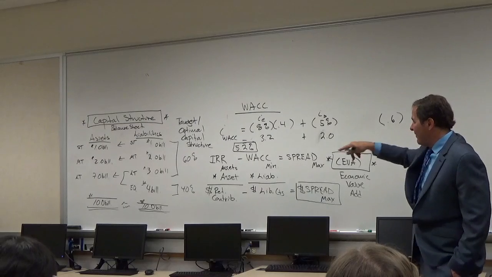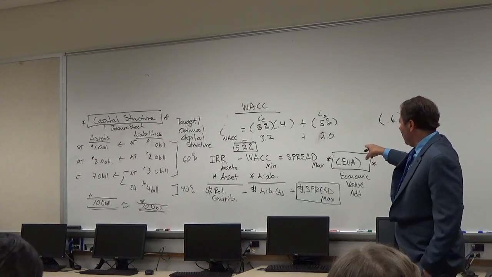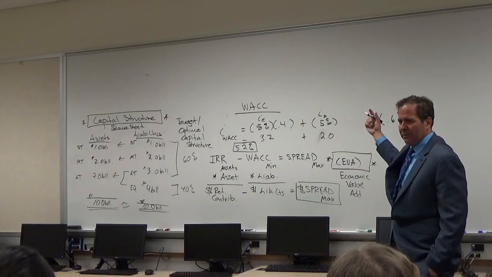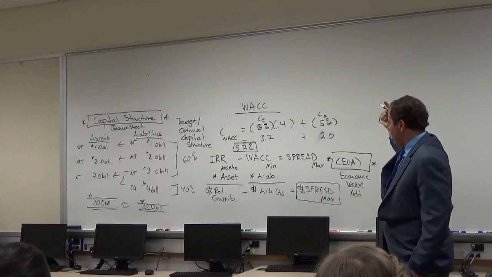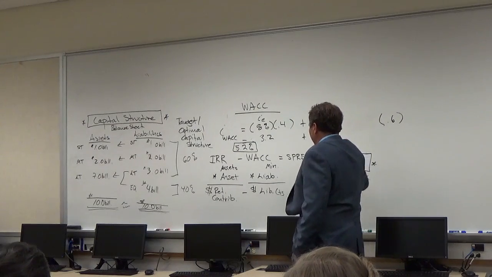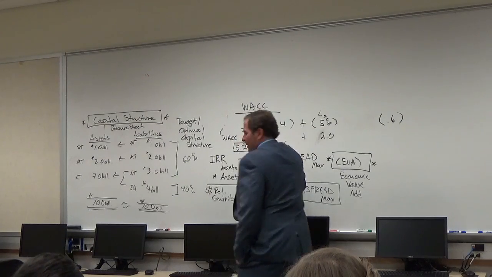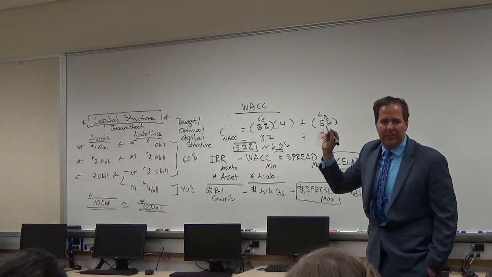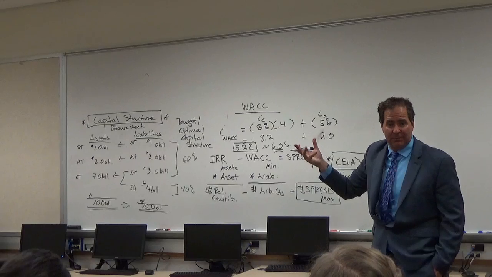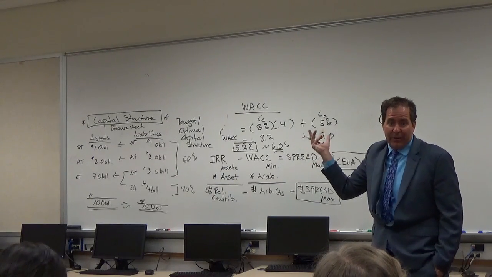Since 5.2 seems a little low, what's 5 times 0.6? 3. So basically 6. Without the tax shield I'm using a 6; with the tax shield, a 5. Not a huge difference, but I'd rather be conservative.